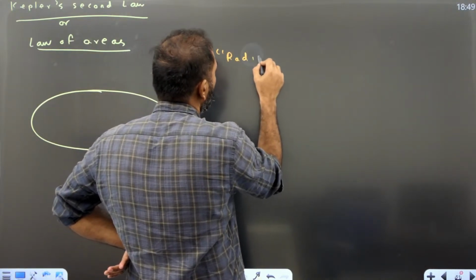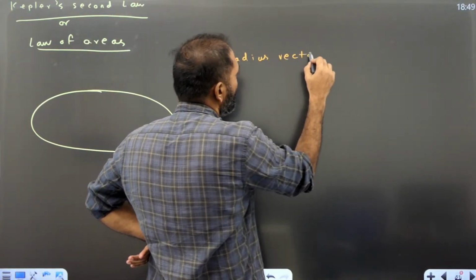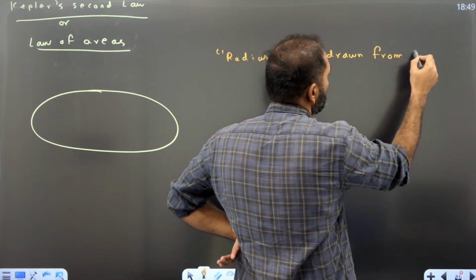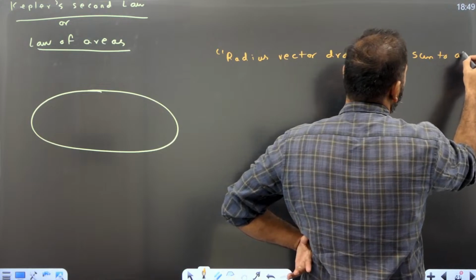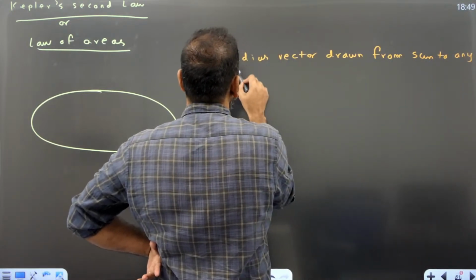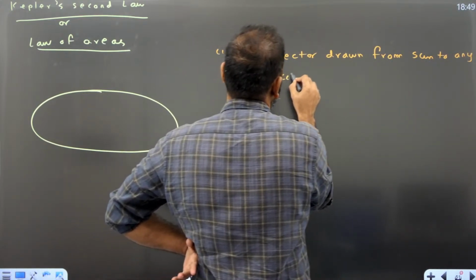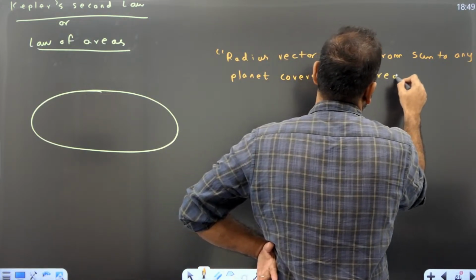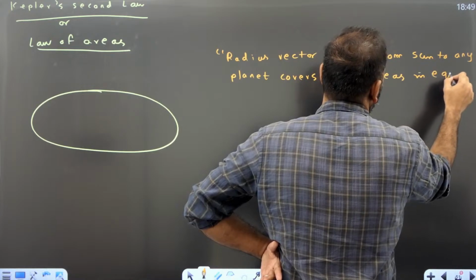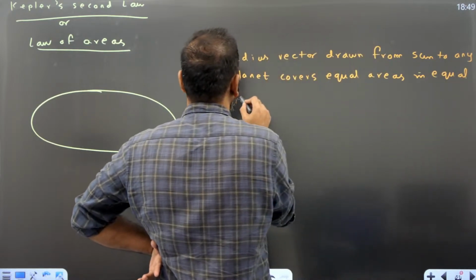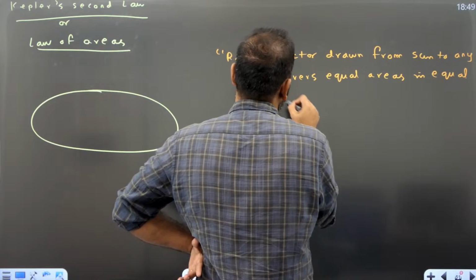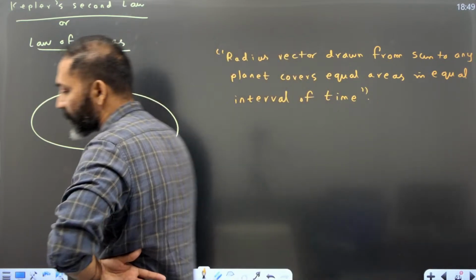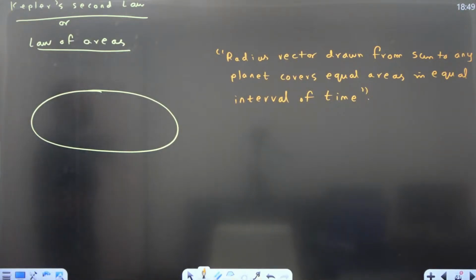Radius vector drawn from the sun to any planet covers equal areas in equal intervals of time. Radius vector drawn from the sun to any planet covers what? Equal areas in equal intervals of time.